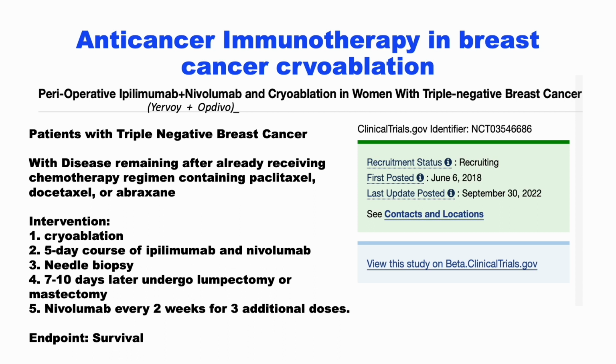All patients in the study received cryoablation of the residual breast tumor, followed by a 5-day course of Yervoy and Opdivo combined. They subsequently undergo a needle biopsy of the cryoablation site, and this is followed 7 to 10 days later by lumpectomy or mastectomy.